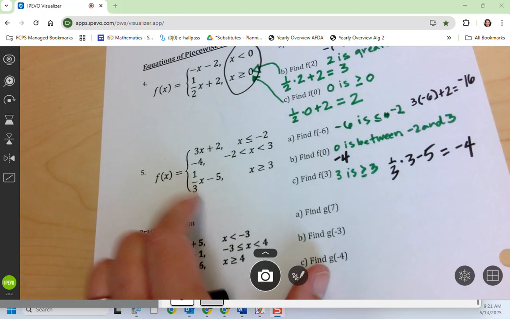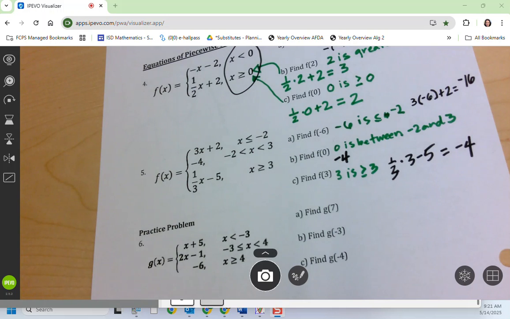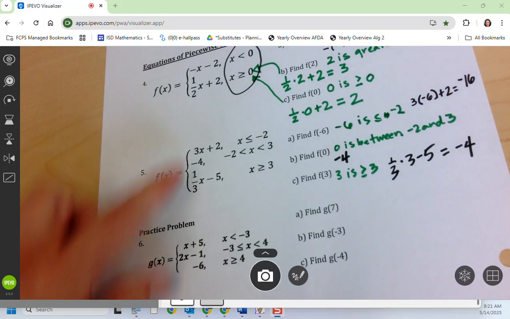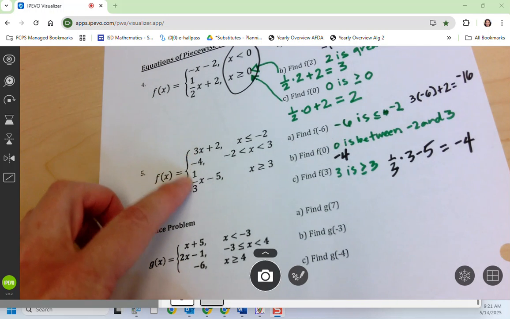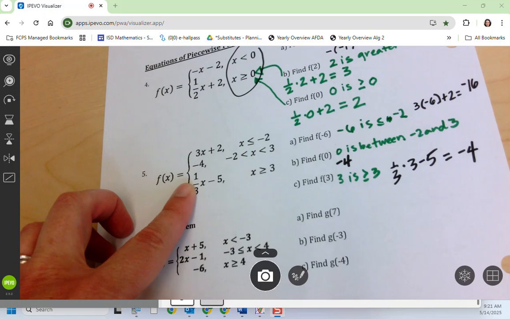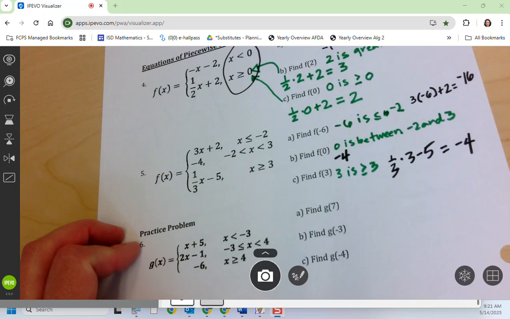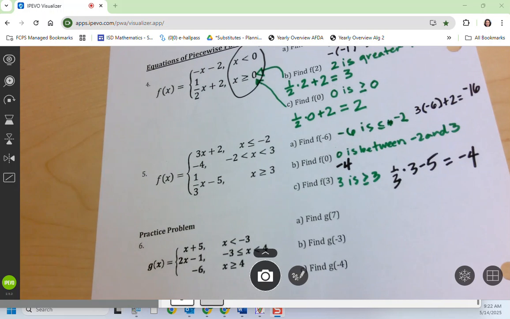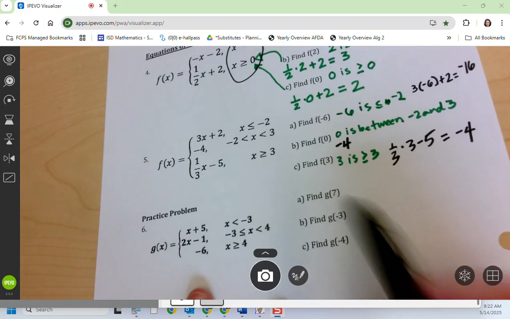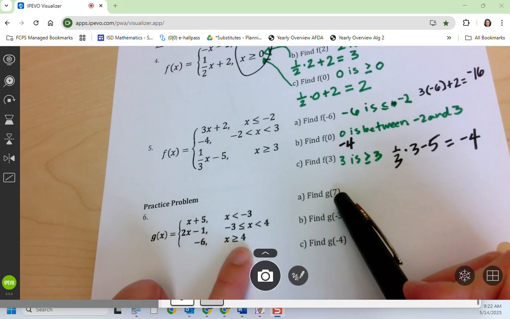Okay. All right, that one was nice because they put them in order, right? Like this was for the first, and this was for the second, and this was for the third, but that's not always the case. Did anybody work ahead onto number 6 already? In number 6, they do switch things up, right? For example, G of 7, the 7 is in the last piece.